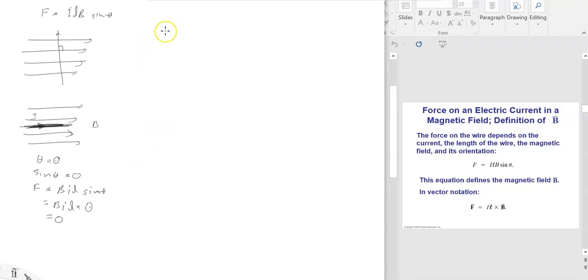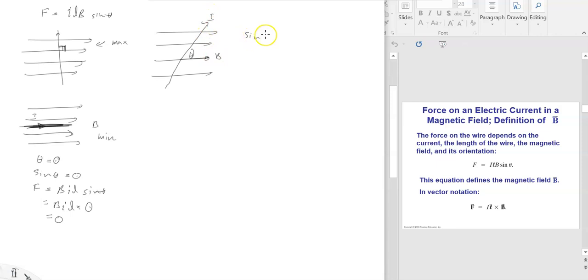So that tells us that if we rotate this conductor, this wire, you have the max when it is 90 degrees. You have the minimum when it is 0 degrees, when it is parallel. You will have something in between if the conductor has some angle theta between that and the magnetic field.